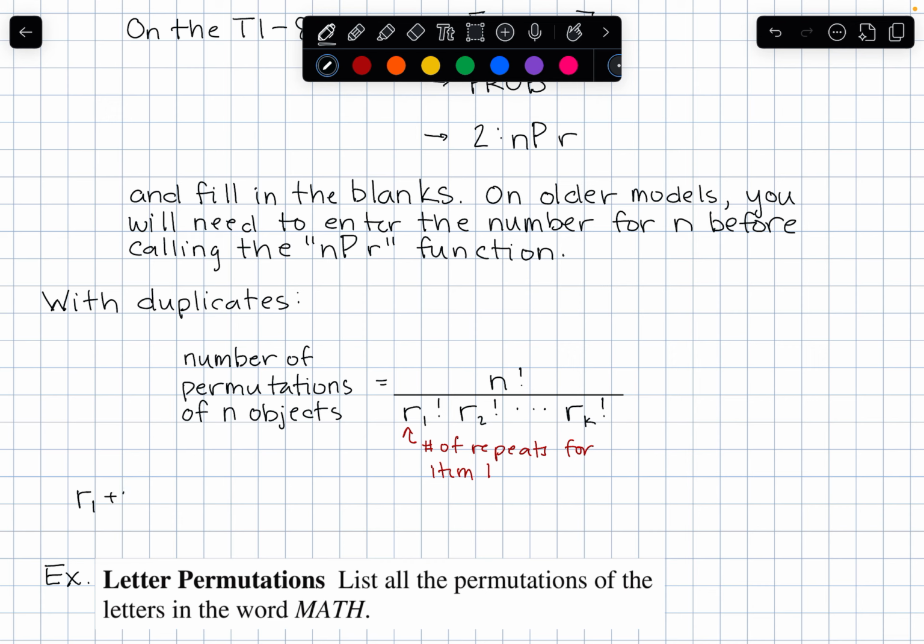So r1 plus r2 all the way out to rk should equal n. You will notice sometimes that won't happen, because we know that 1 factorial is 1, and multiplying by 1 doesn't change anything, so sometimes mathematicians will be lazy and drop those 1 factorials. So if you see a fraction that doesn't quite make sense, that's probably what happened.